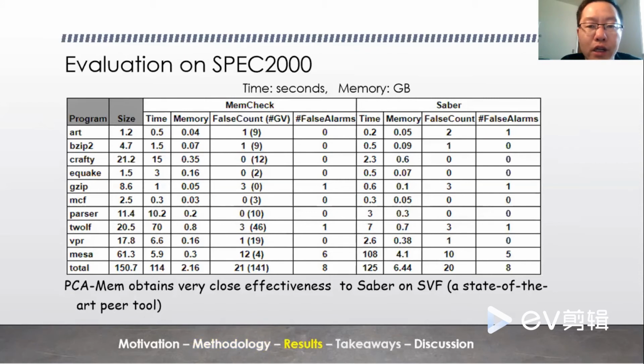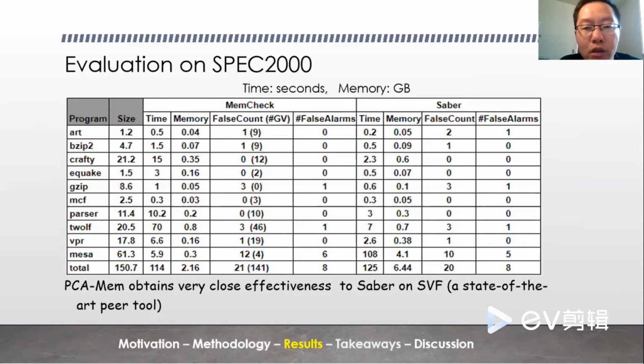To validate the effectiveness, we evaluate PCA via PCA Man against SVF Sabre as baseline. We test both PCA Man and Sabre on SPEC 2000 benchmarks. PCA Man found 161 leaks with 9 false alarms in about 114 seconds, consuming 2.16 GB memory.